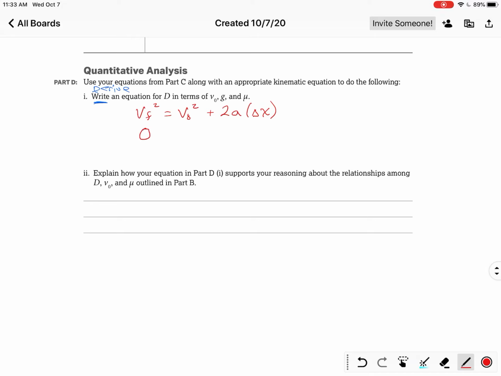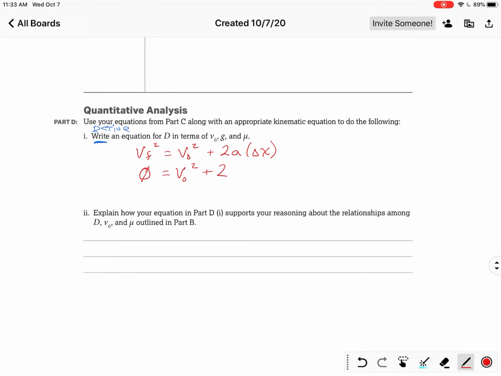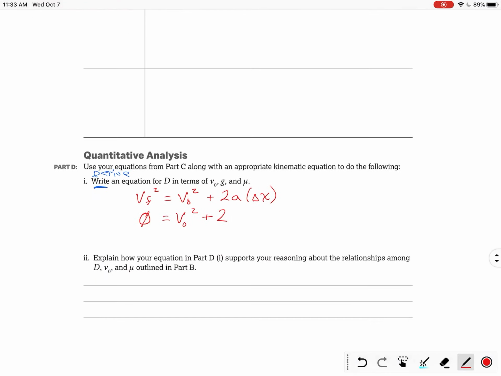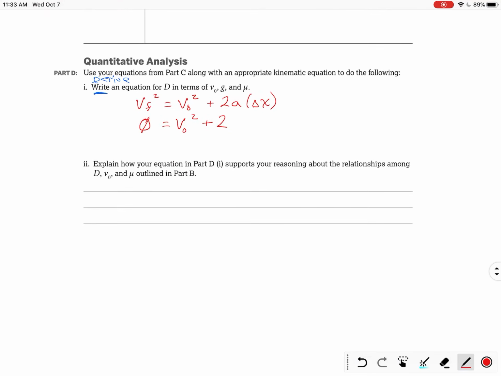So start there. What's the final velocity? Well, the car comes to a stop, so the final velocity is 0. The initial velocity actually has the same name, so we don't need to change that. The acceleration, well, we know what the acceleration is now. The acceleration is minus mu sub k times g. So let's go ahead and plug that in. Minus mu sub k times g. And the change in position, well, that's going to be the stopping distance, d.